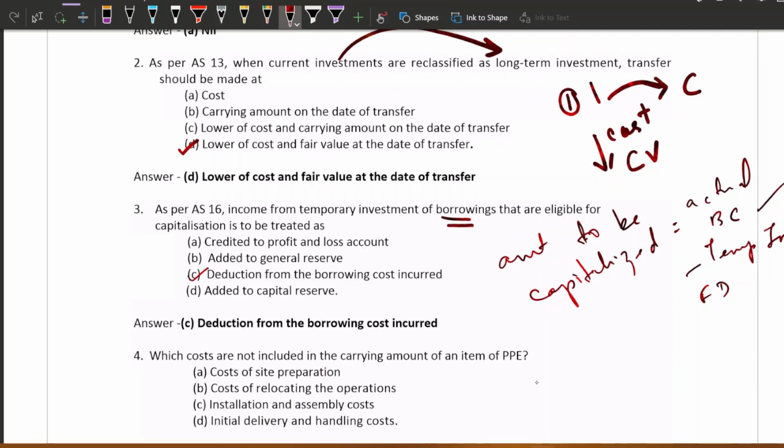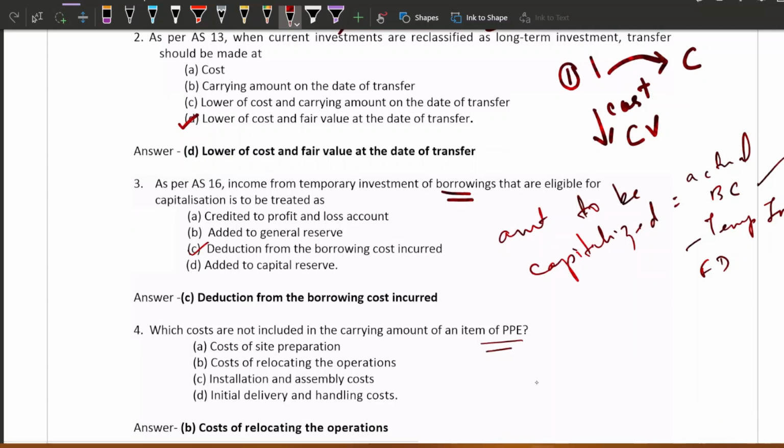Next, the fourth one. Which costs are not included in the carrying amount of an item of PPE? Cost of site preparation, cost of relocating the operations, installation and assembly cost, or initial delivery and handling cost. You'll have to see which is directly attributable to bringing the PPE to the location and condition necessary for it to operate. So the answer is cost of relocating the operation.